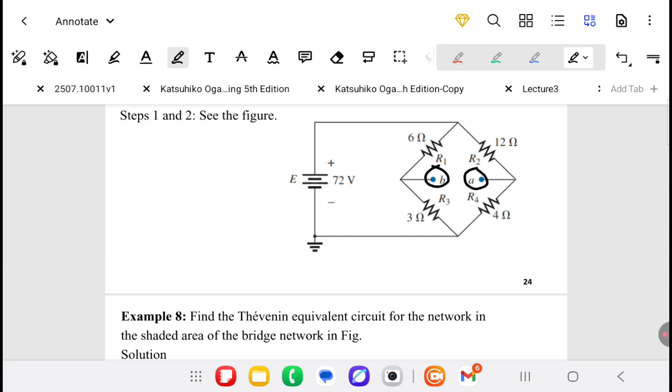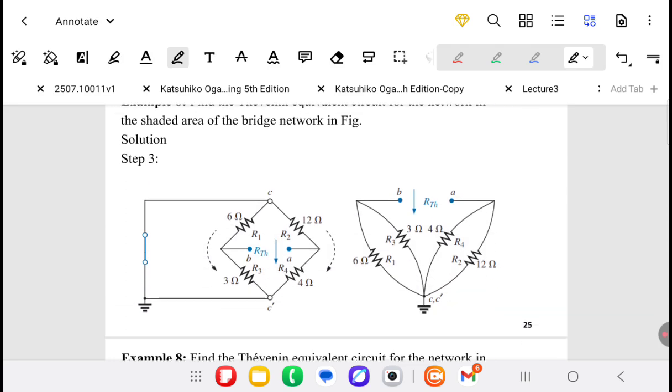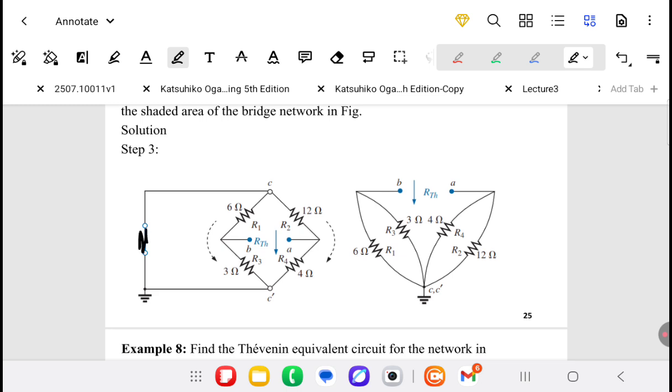Then we have to obtain the R Thevenin. We turn off the battery by placing a short circuit instead of it. We can connect the short circuit in between point C and C dash.